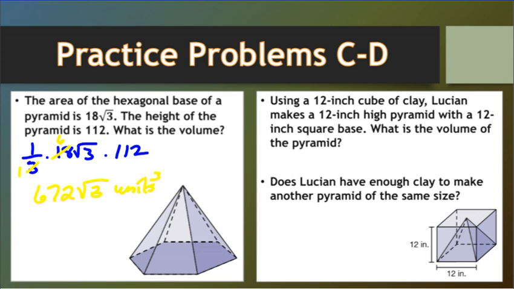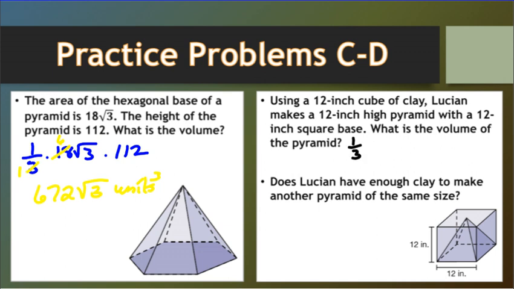Next one, using a 12-inch cube of clay, Lucian makes a 12-inch high pyramid with a 12-inch square base. What is the volume of the pyramid? So we have a diagram down below. The height is going to be 12. The base is 12 by 12.